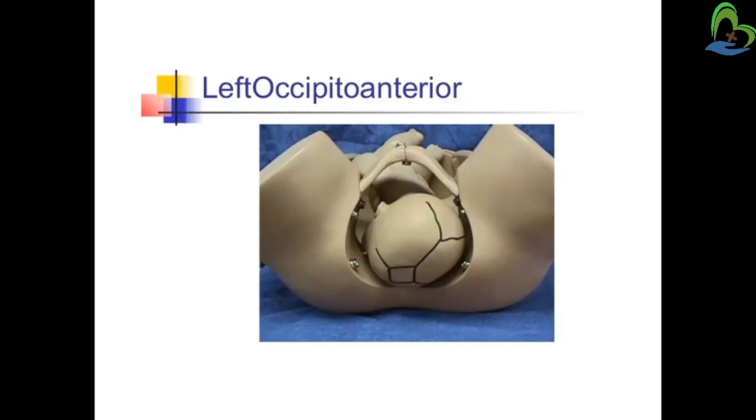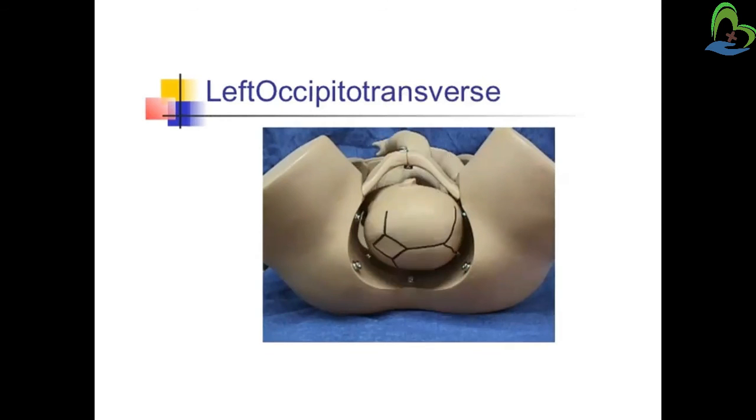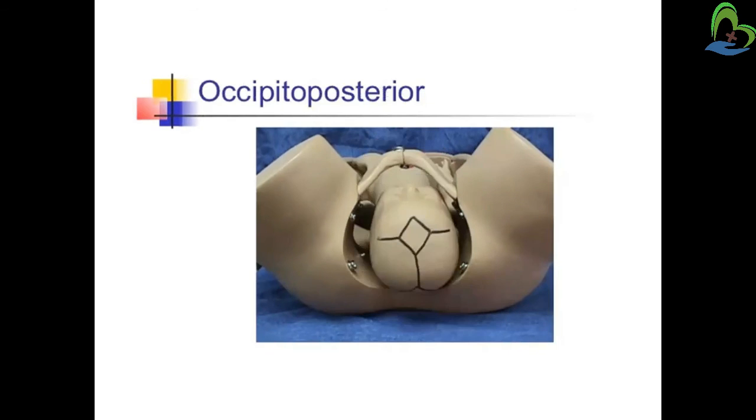That's why it is left occipito-anterior. In this slide, you can see the occiput lies transversely as well as on the left side. That's why left occipito-transverse. Then occipito-posterior, you can see the occiput lies on the posterior side of mother.